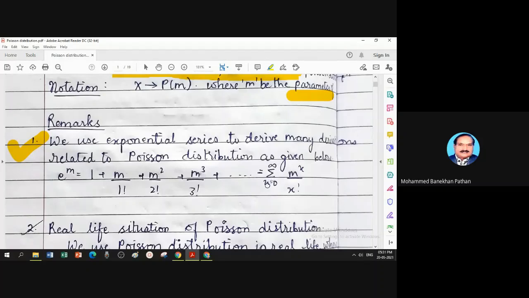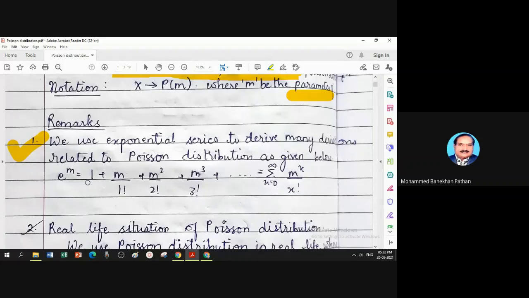Summation x from 0 to infinity, m raised to x divided by factorial x. Let us check. Put x equal to 0, numerator, denominator. Anything power 0 is 1. 0 factorial is 1.